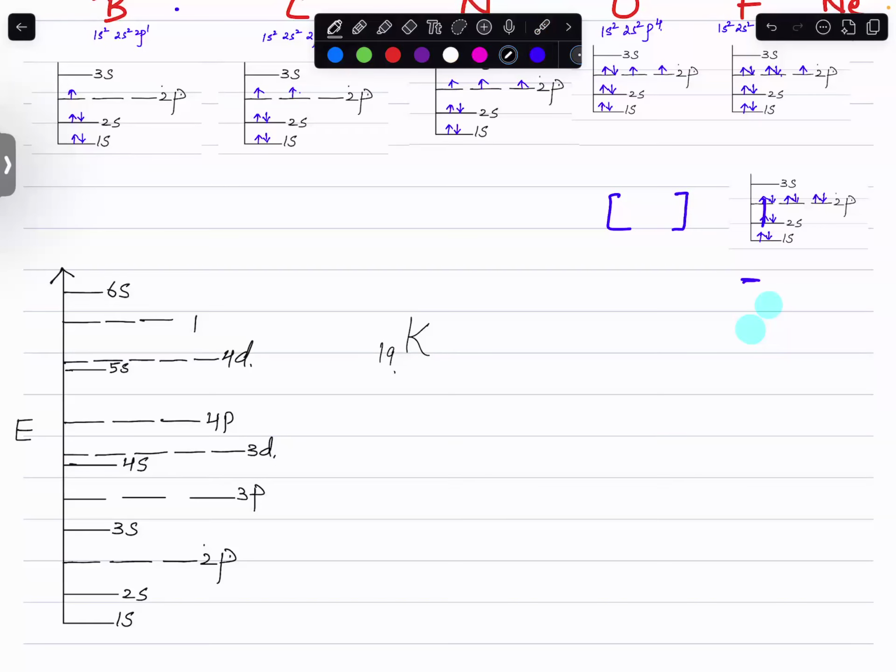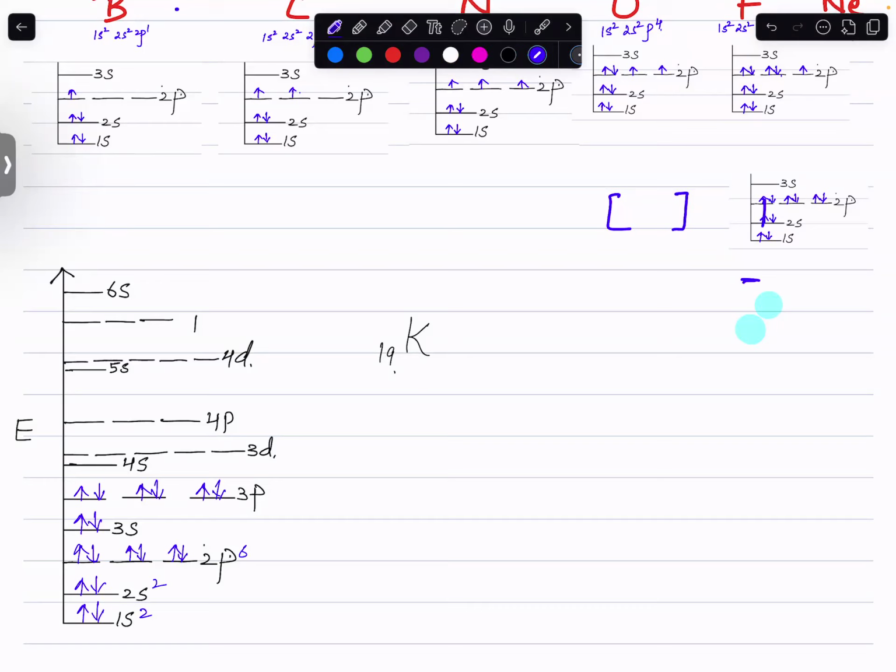Now, potassium 19. 1s2, then 2s2, then 2p6, 3s2, 3p6.